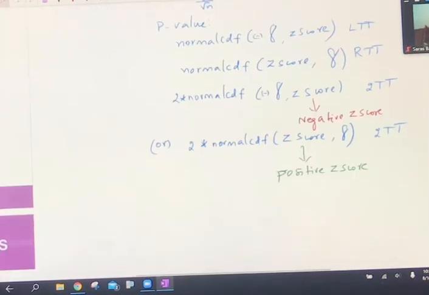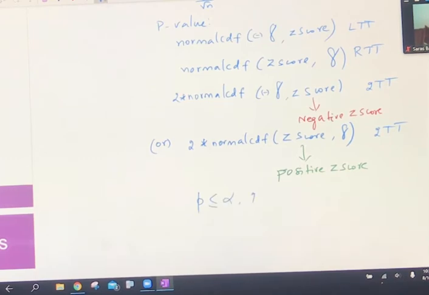That's right. And then if the p-value is less than or equal to alpha, reject the null hypothesis. The smaller the p-value, we reject the null hypothesis. The larger the p-value, fail to reject the null hypothesis. All right.